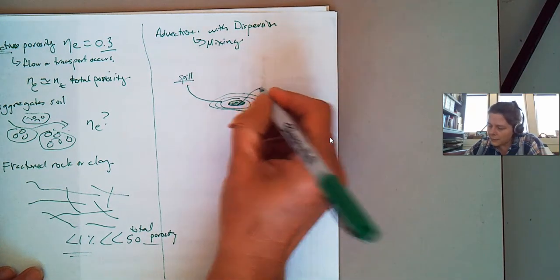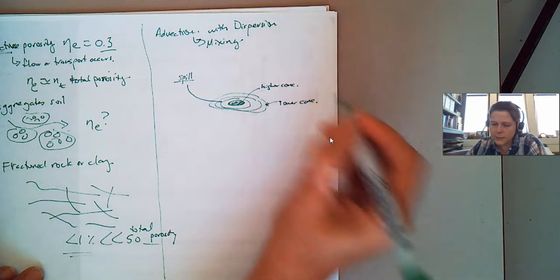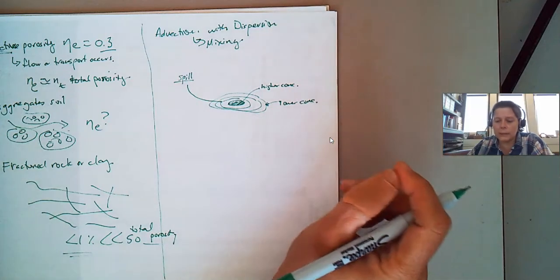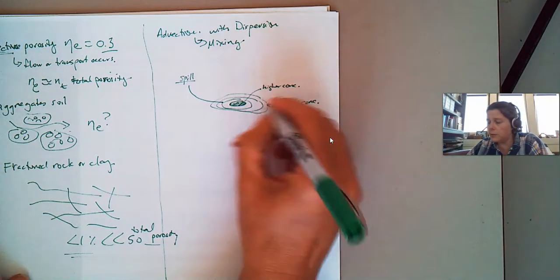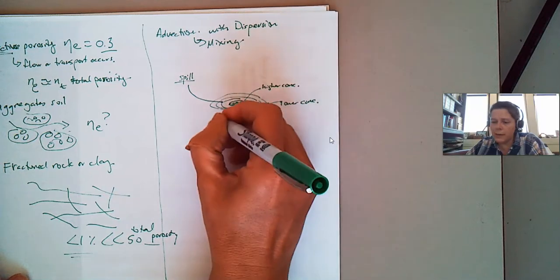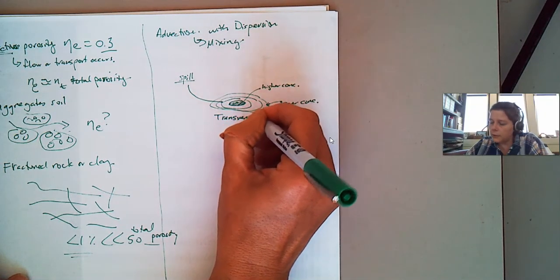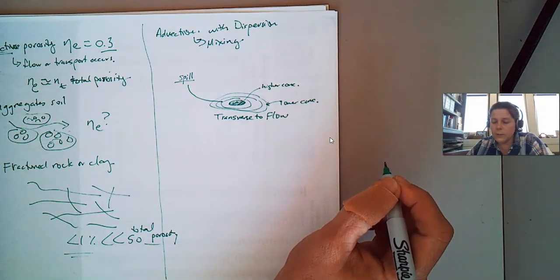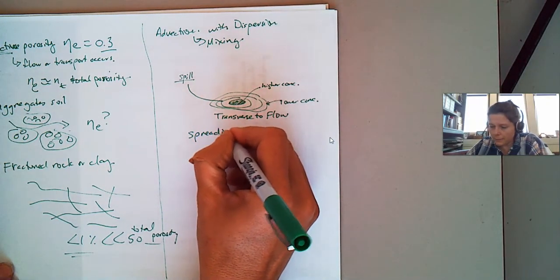You're going to have the highest concentration in the center, and you're going to see the spreading along there. So it's usually transverse to flow. This dispersion is going to be transverse to the flow. And so this is spreading of the compound.